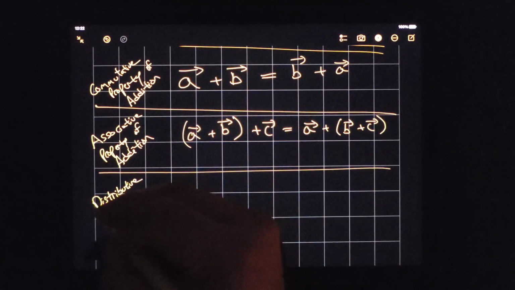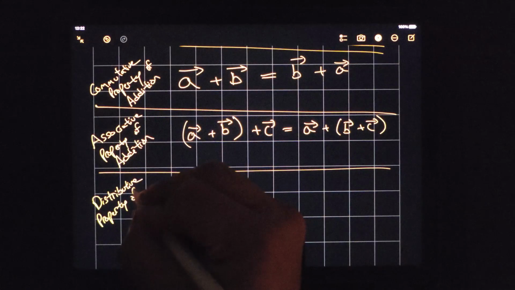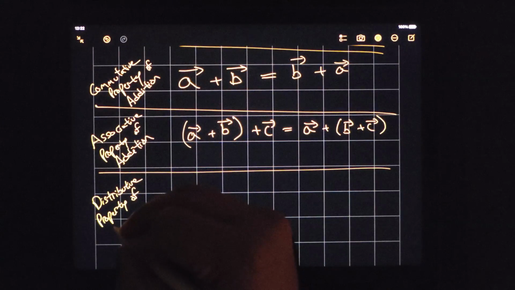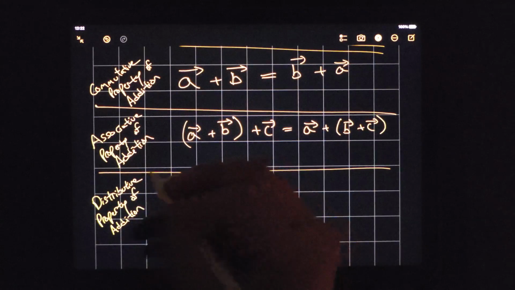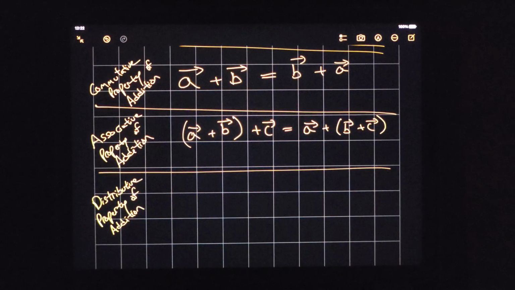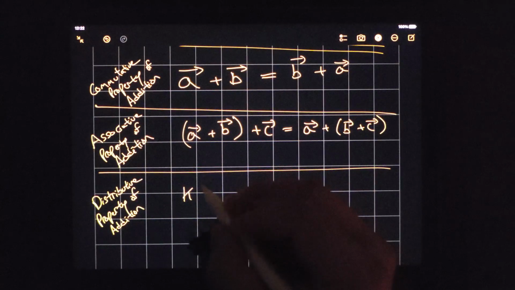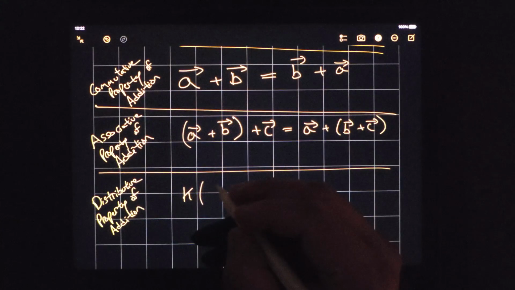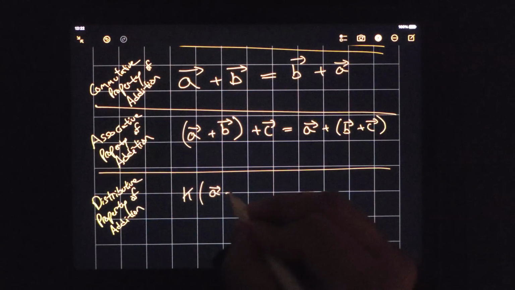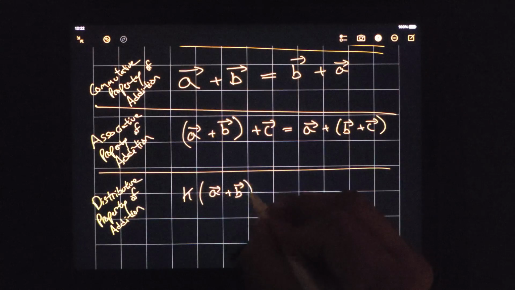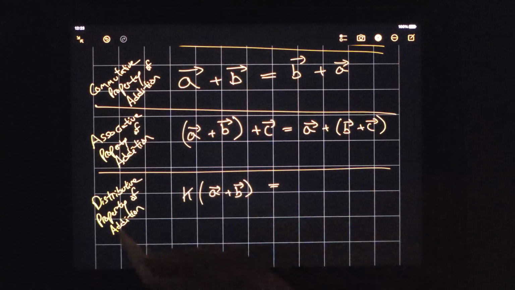We also have the distributive property of addition, and that is going to be if we have a k, which is a number, and that's being multiplied by this, the distributive property.